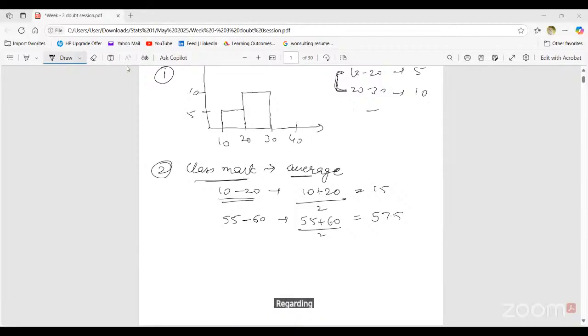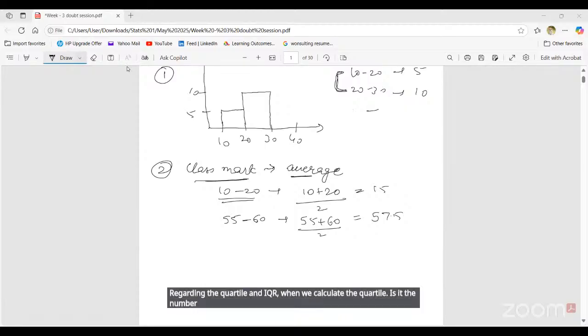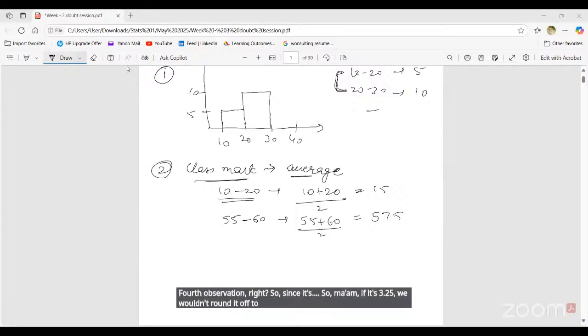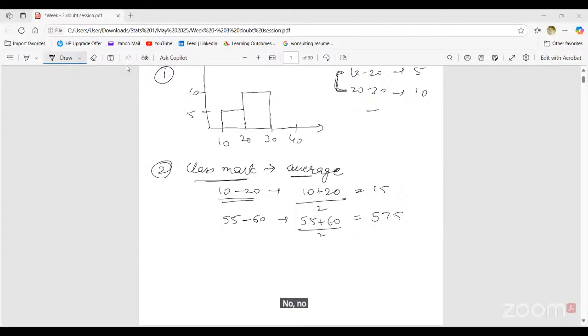Ma'am, one more doubt regarding the quartile and IQR. When we calculate the quartile, is it the number of observations into 0.25? And if it comes in decimal, like 3.25, so my fourth observation, right? Since it's quartile, if it's 3.25, we wouldn't round it off to 3, instead we would round it off to 4. No, it's just a simple formula.